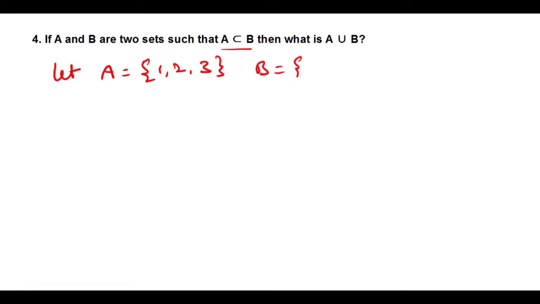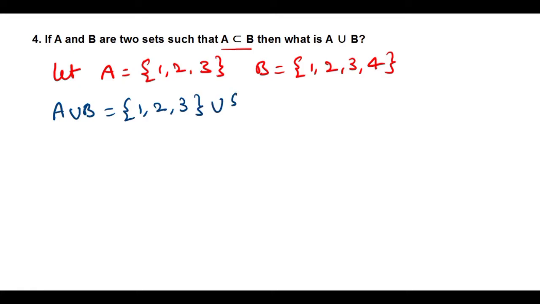This is the example for A subset B. Now find A union B. A is 1, 2, 3 union B is 1, 2, 3, 4. You will get 1, 2, 3, 4 only. Union means we take all the elements from set A and set B. Repeated elements should be taken only once.